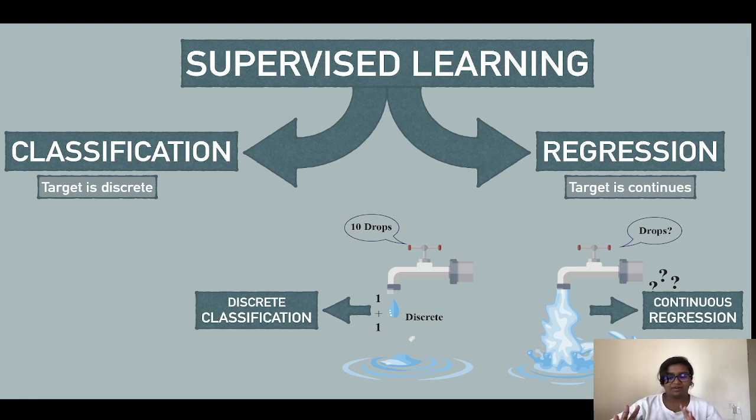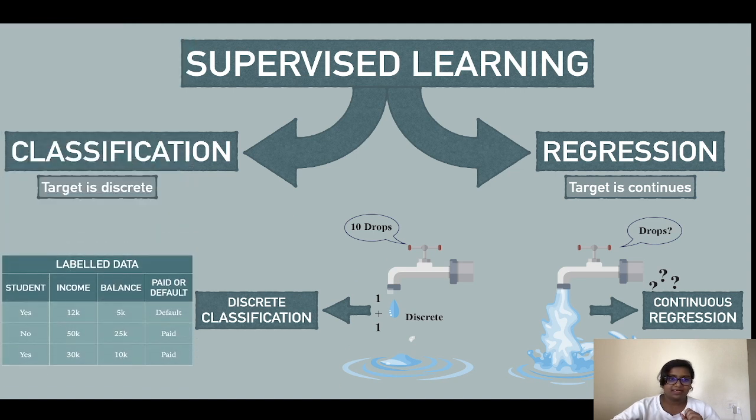Now, since we already learned what classification and regression problems are, and we know what supervised is, I have a question for you. Here is a data set. It says it's labeled data, so we obviously know it comes under supervised learning. What I want you to do is guess if it's going to be a classification or a regression problem.